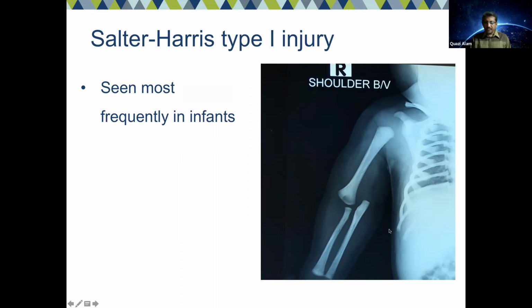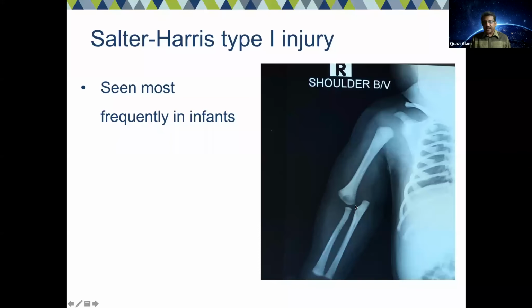And many of us actually mistake it for an elbow dislocation. But there are a few points you can note as to why it is not an elbow dislocation. You can see the radius and ulna are maintaining their normal relationship. If it were a dislocation, this relationship would not be there. What actually happens is that in an infant, the epiphyses and the physes are both invisible in the x-rays.